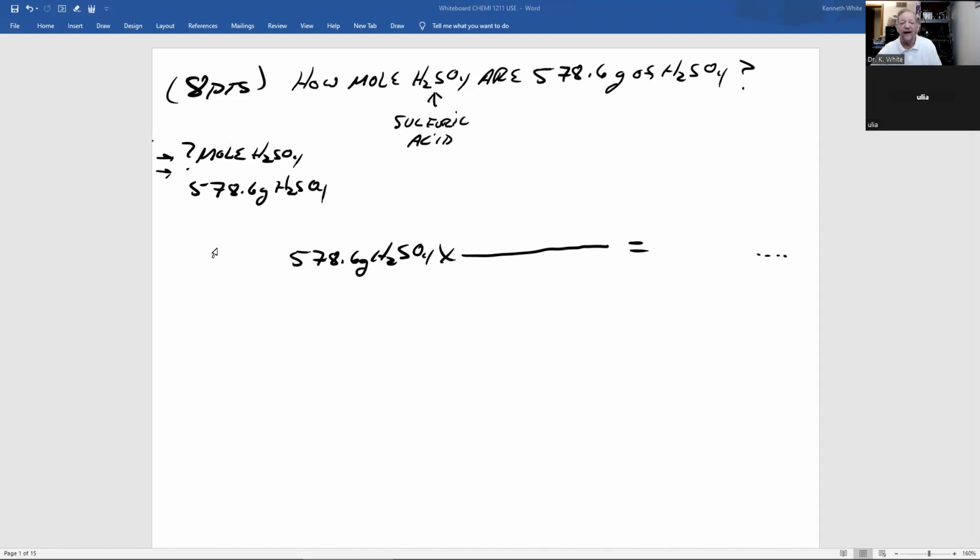All right. And the answer is, well, we figured that out right here. We want the units of our answer to be moles of sulfuric acid, H2SO4. And now, what units go on top and bottom of that ratio? I'm going to let you do it first. I'm really going to share today. See what a nice person I am?